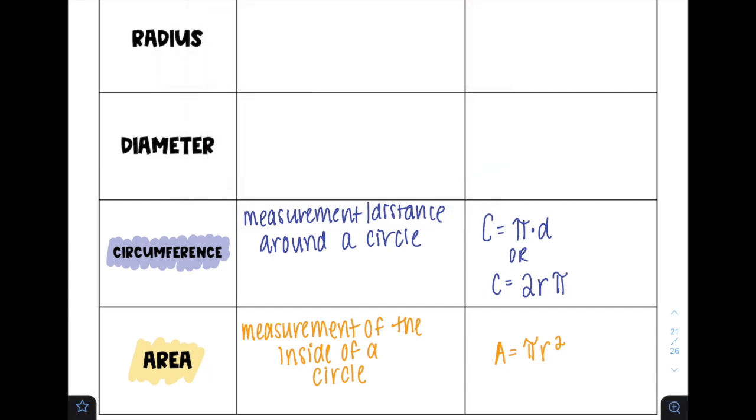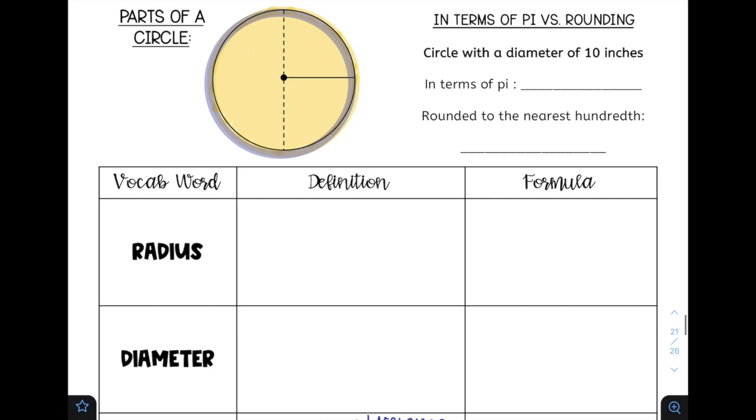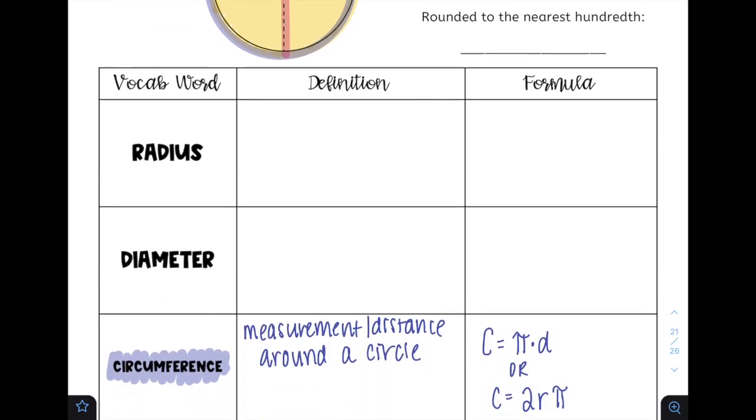So we mentioned diameter. Your diameter is going to be the distance between edge and edge of a circle, making sure it passes through the center. So making sure you pass through the center of a circle, going from edge to edge, that distance and that measurement is going to be your diameter.